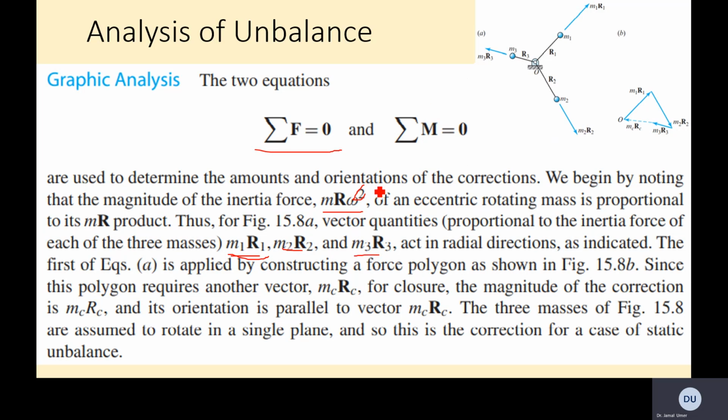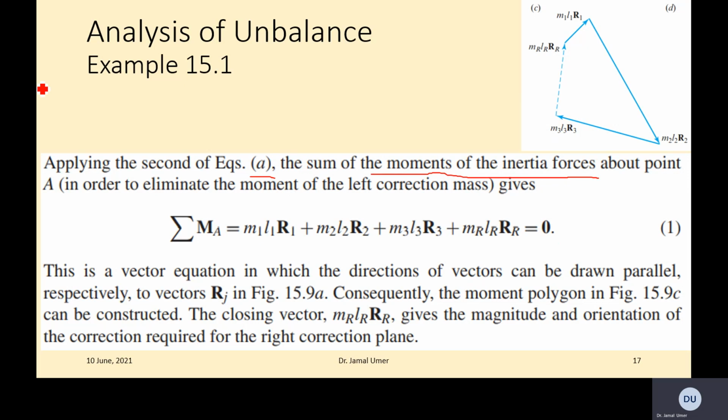The moment, how can you find the moment? Moment is always force into distance. So this force, if you multiply with the distance, will give you the moment. That's what we are doing here. We are doing the moment analysis, which is basically m1 r1, that is a force. You need to multiply with the distance, which is L1, to find the moment, right?